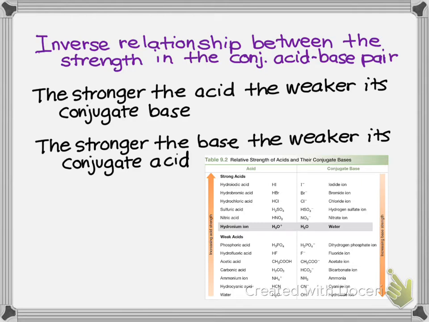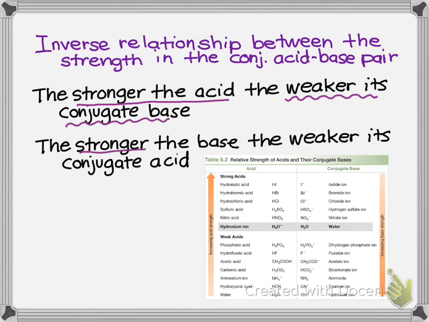Well, the relationship between the acid and the product it forms, or the base and the product it forms, is an inverse one when we talk about strength. Inverse means opposite. So what we know is, the stronger the acid, the weaker its conjugate base.